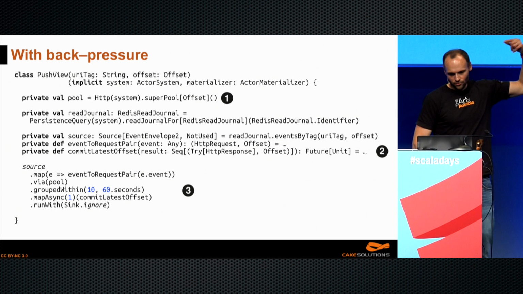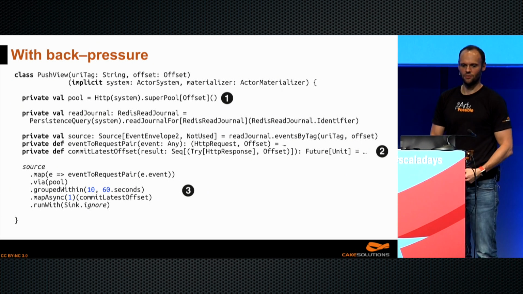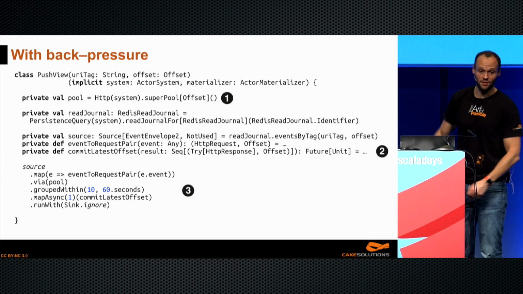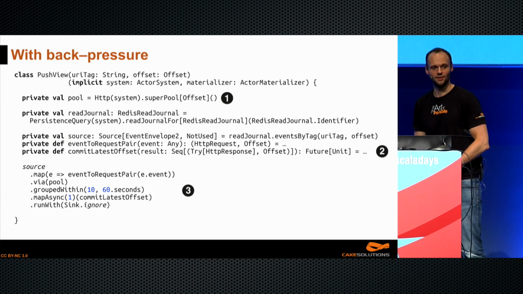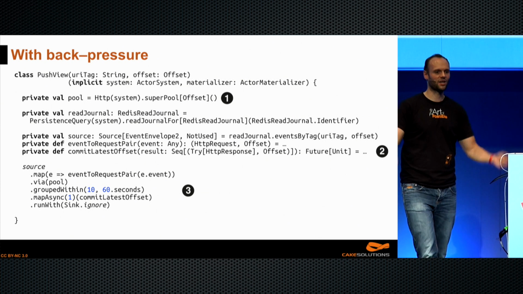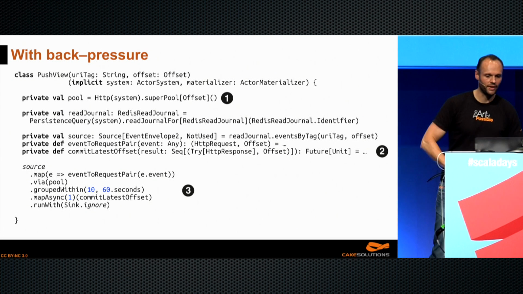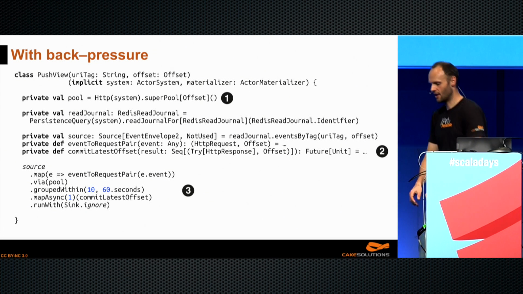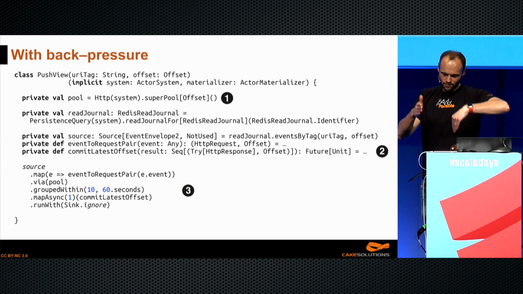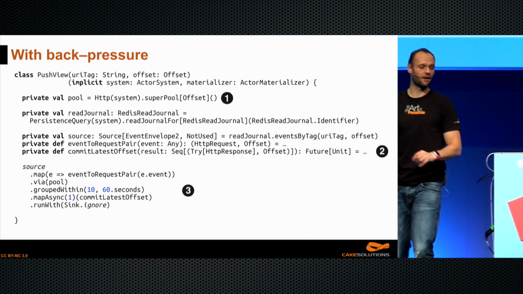We're going to send all these events that we pulled out from the journal via this HTTP pool, so that actually makes the requests in this very, very fancy asynchronous back pressure aware way. What we're going to do, that's the grouped within 10 or 60 seconds, we're going to say, okay, we're going to group 10 requests at the same time, or we're going to wait for 60 seconds and we're going to send those batches to our clients.